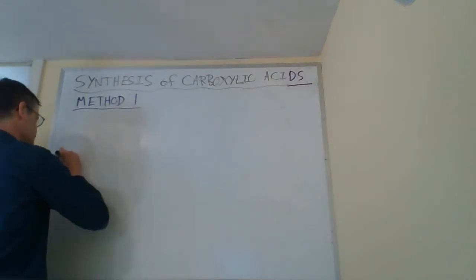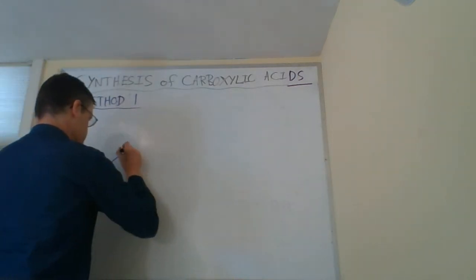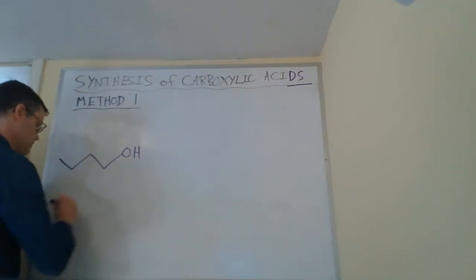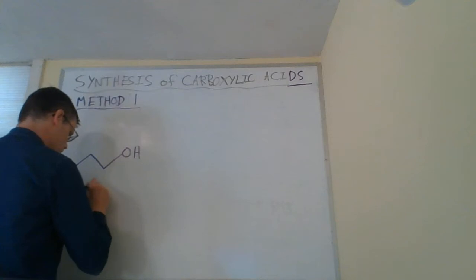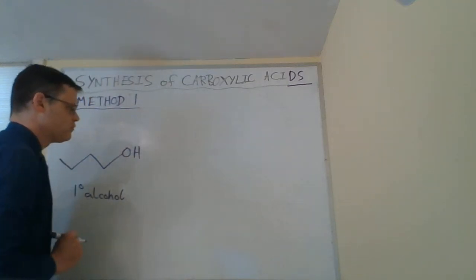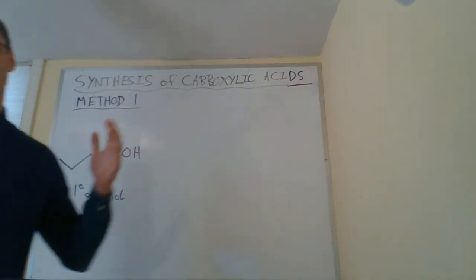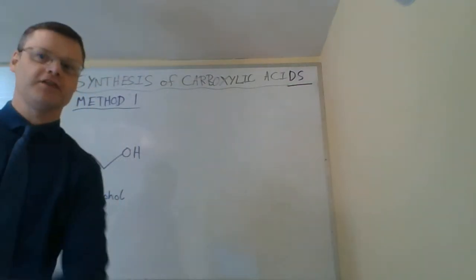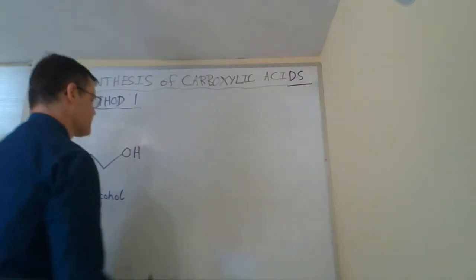We're going to take primary alcohols to do this. So I've got butanol here, and it's a primary alcohol. And we're going to oxidize it, but we're not going to stop at the aldehyde oxidation state. We're going to blow right on through to the carboxylic acid.